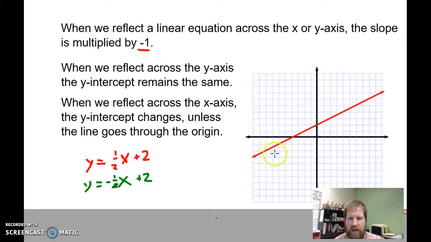So my -x is going to turn into a positive value. I can move my line over here, go straight through it, and should end up the same up there. And that is going to be my reflection of my red line, my y equals 1/2 x plus 2, over the y-axis.